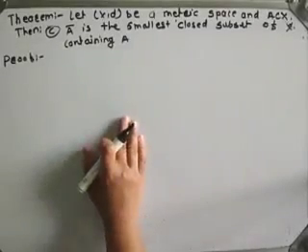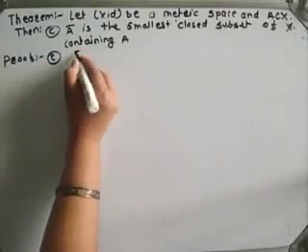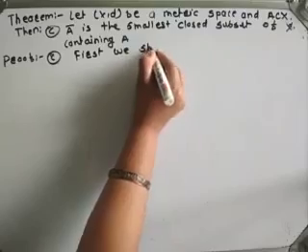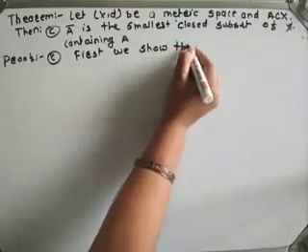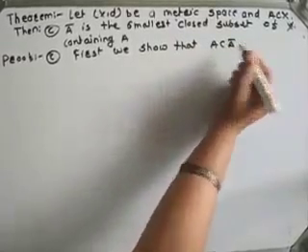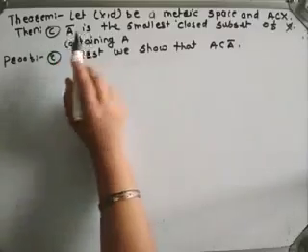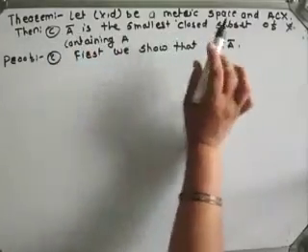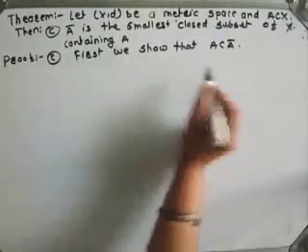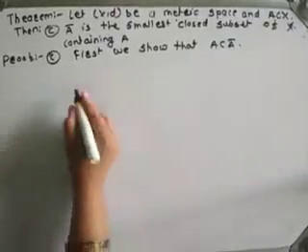Now, we will prove part C. In part C, we have to show that A closure is the smallest closed set containing A. First, we show that A is a subset of A closure.